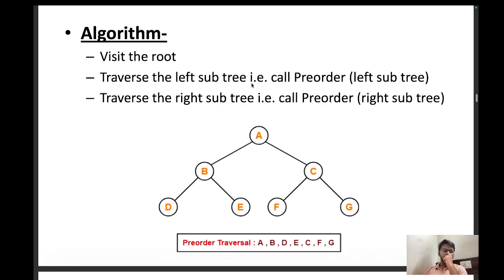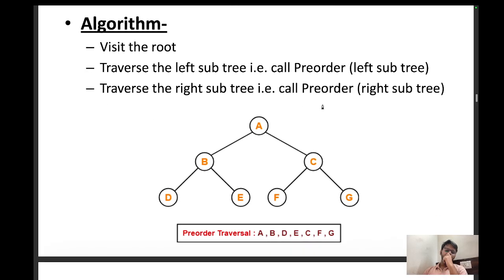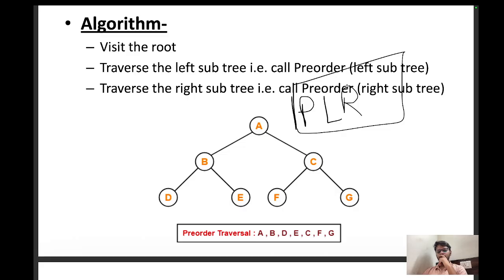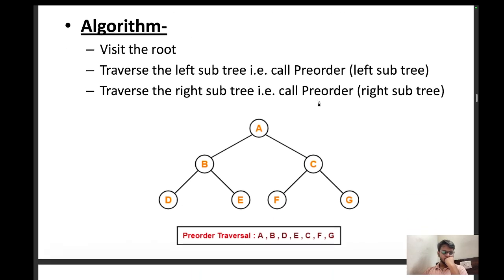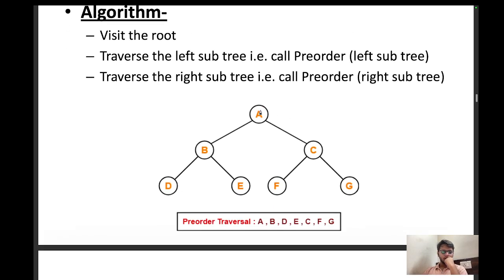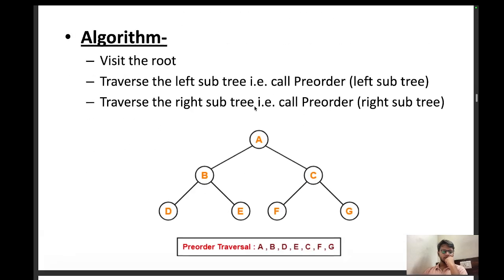Pre-order traversal is when we have the parent in the first place, then we have the left and the right subtree. So PLR is the basic formula that we have to follow in the pre-order traversal.